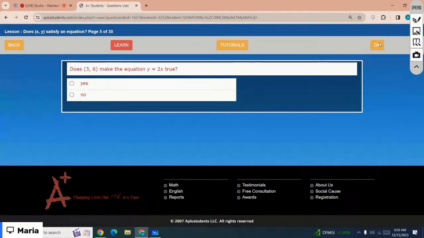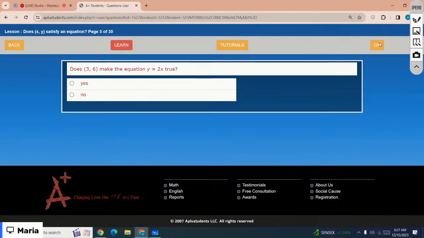Does (3, 6) make the equation true? Which is the correct option? Y equals 2x. Is it the solution?